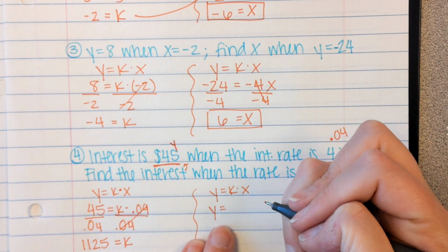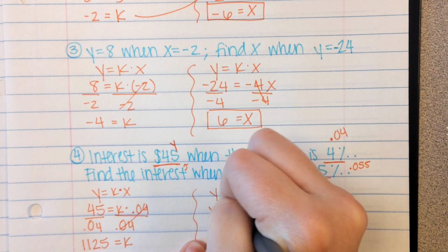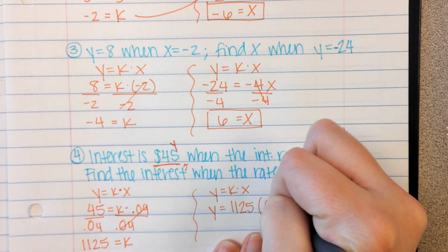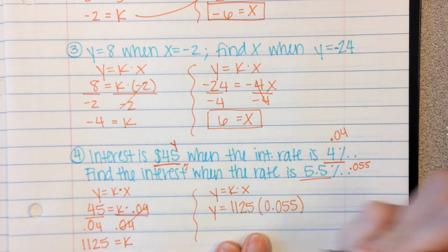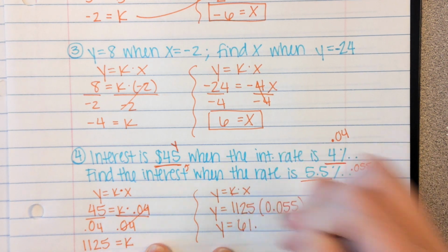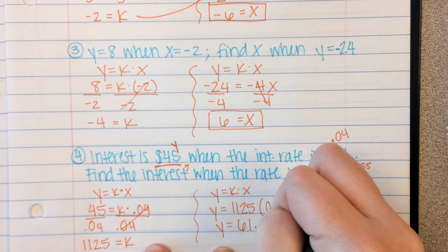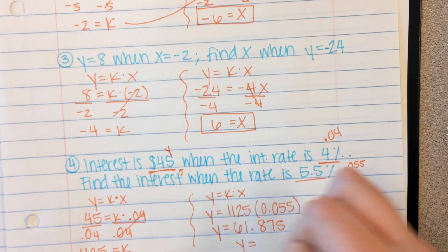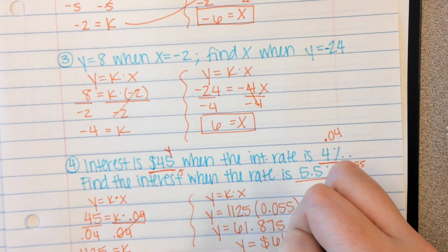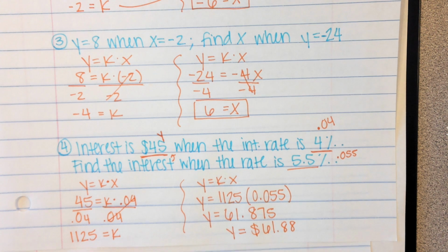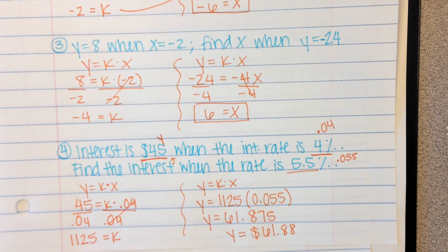And we know that k is 1,125, and our interest rate is 0.055. You multiply those together, and you should get 61.875. We round to the nearest cent because it's money, so that's 61.88. So $61.88.